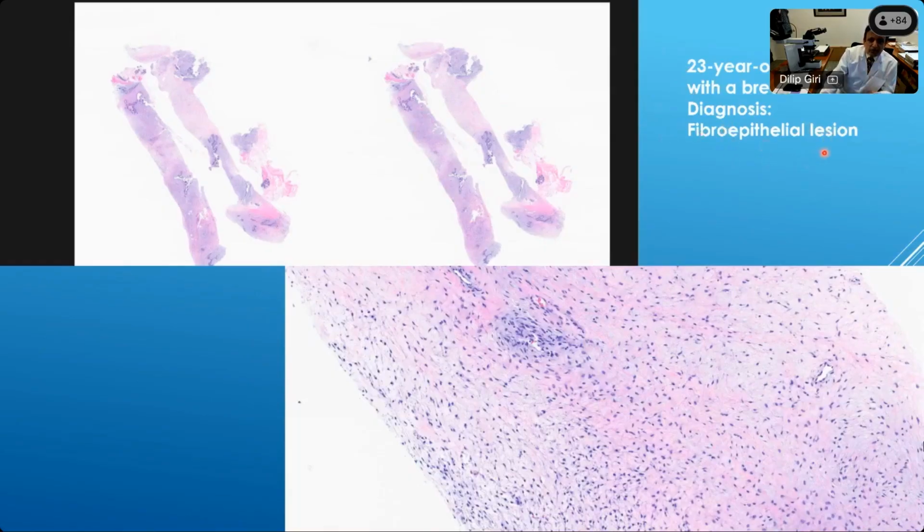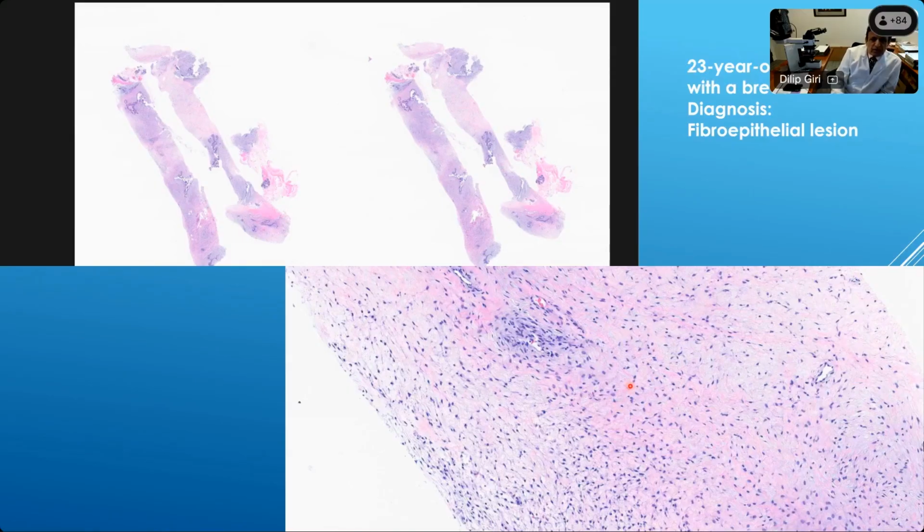With a diagnosis of fibroepithelial lesion at Memorial Hospital, generally the radiologist will refer such a patient to a surgeon for excision. But perhaps, I don't know all the details, maybe the patient was not inclined, and therefore this did not immediately lead to excision, although it should have.